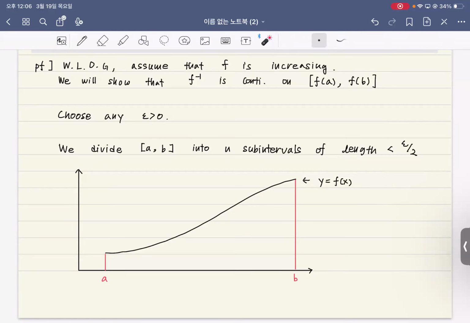And I am going to divide the interval [a, b] into n little pieces, so that the length of each subinterval is less than epsilon over 2. So just like this: 1, 2, 3.